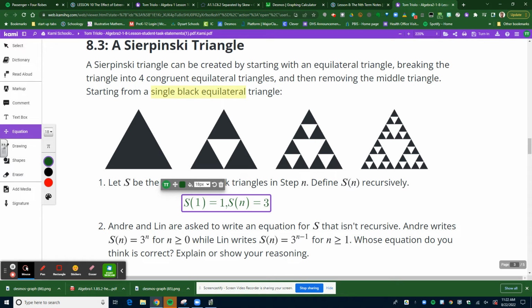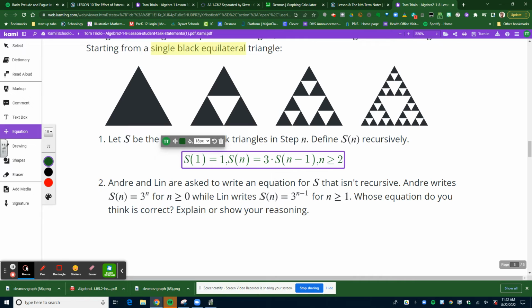So 3 times S of n, just like that, right? No, minus 1. Why not? It's the previous term. So how do we define the phrase previous term in mathematics, Anjali? n minus 1. Okay. Close, comma, n greater than or equal to 2. So that is the recursive.